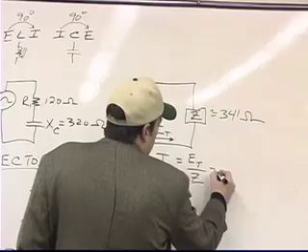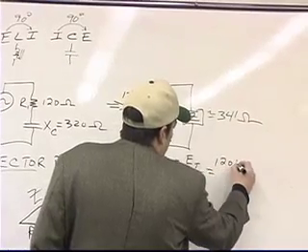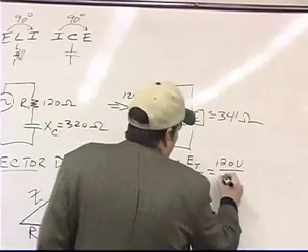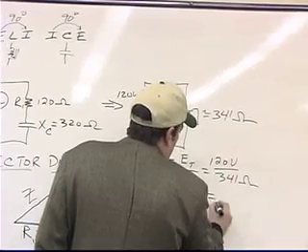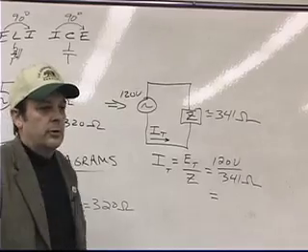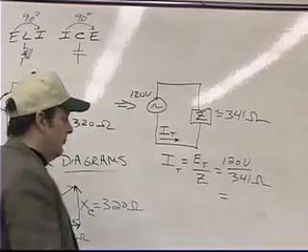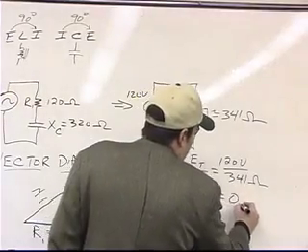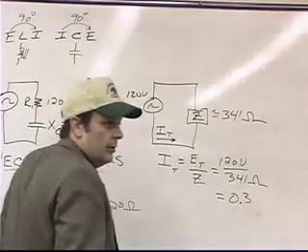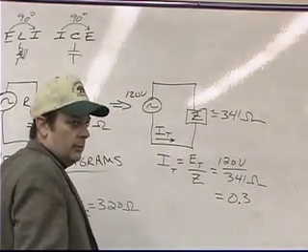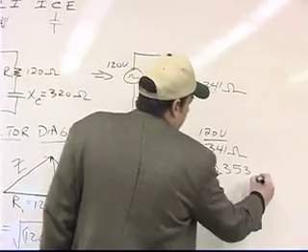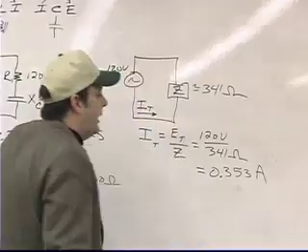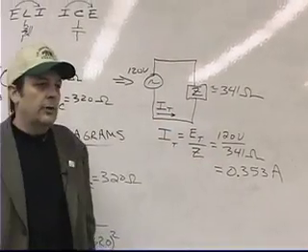So that's going to be equal to 120 volts divided by 341 ohms. And so what do we get for the amperage in that circuit? 0.353. Okay, so there's 0.353 amps, or 353 milliamps.